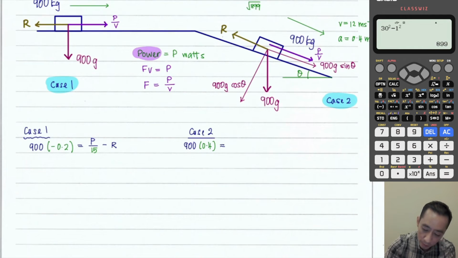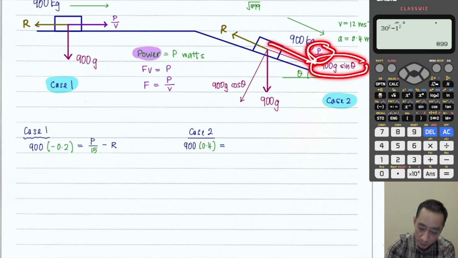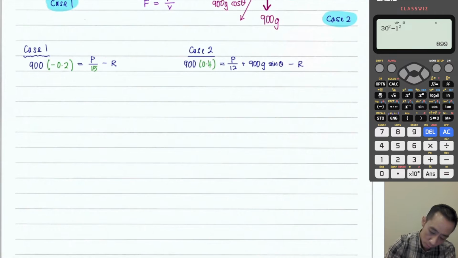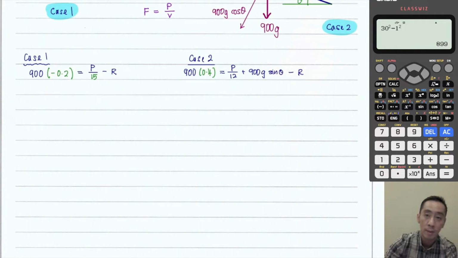Now in this direction, besides the power, we also have the gravity, so P over V. So what is the V here? The V in the second case is 12, so P over 12, and then plus the gravity, 900 gravity sine of the angle, and then we have to minus the resistance.